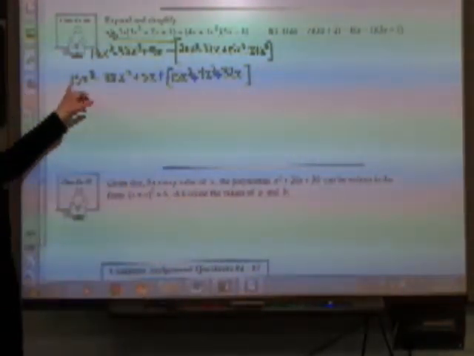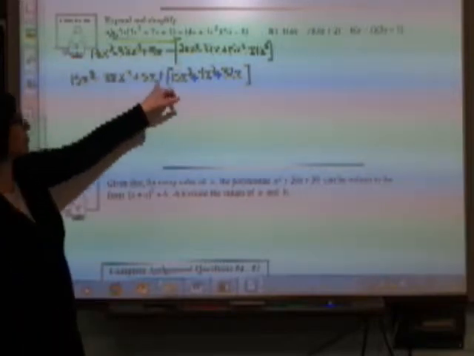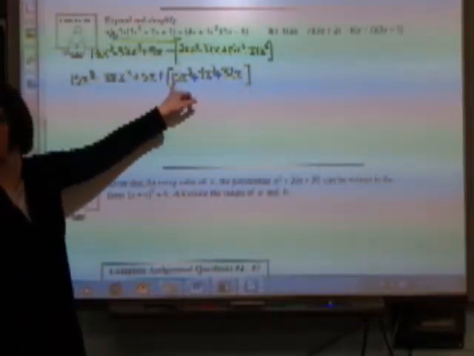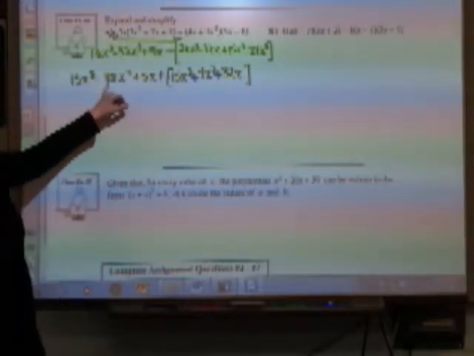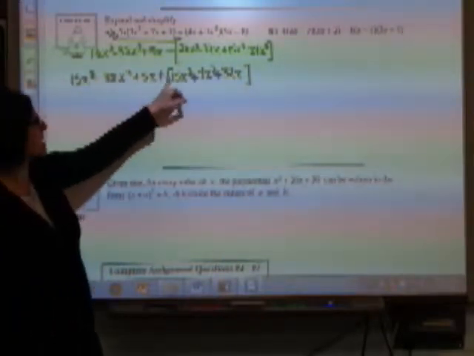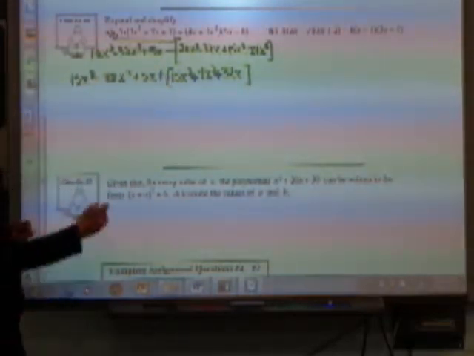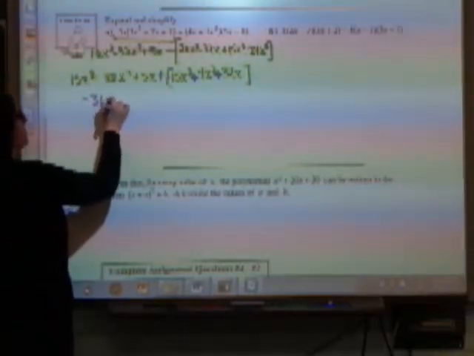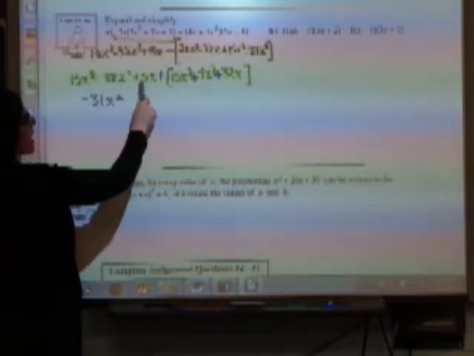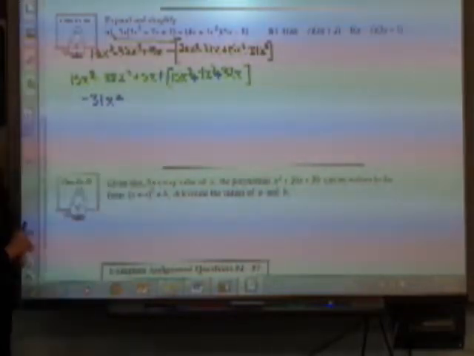So now I have 15x cubed plus negative 15x cubed, which would equal 0. Negative 35x squared plus 4x squared. And then 5x plus 32x.